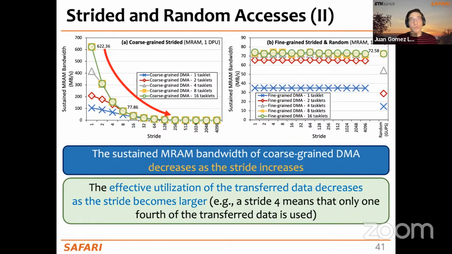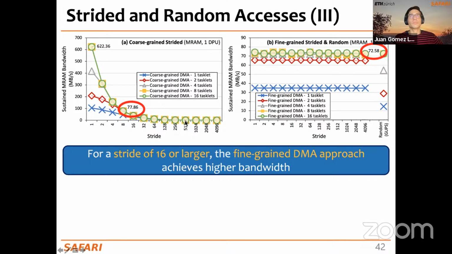So essentially what we are doing is dividing the effective bandwidth because we are not utilizing all the data that we are bringing from MRAM to WRAM, and that's what makes the effective bandwidth decrease that much.